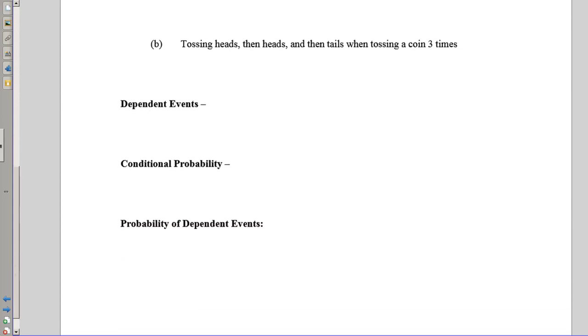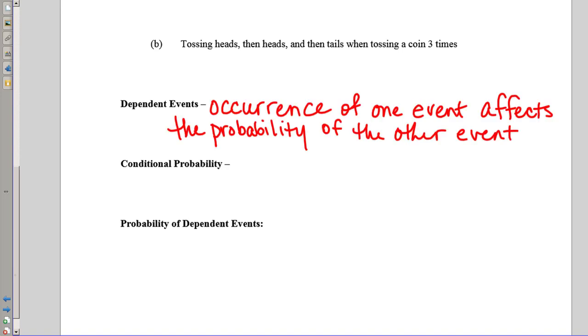And dependent events are, as they sort of imply, the occurrence of one event has some sort of effect on the probability of another. So a lot of times you can tell if you need the dependent event probability if you hear words like without replacement.